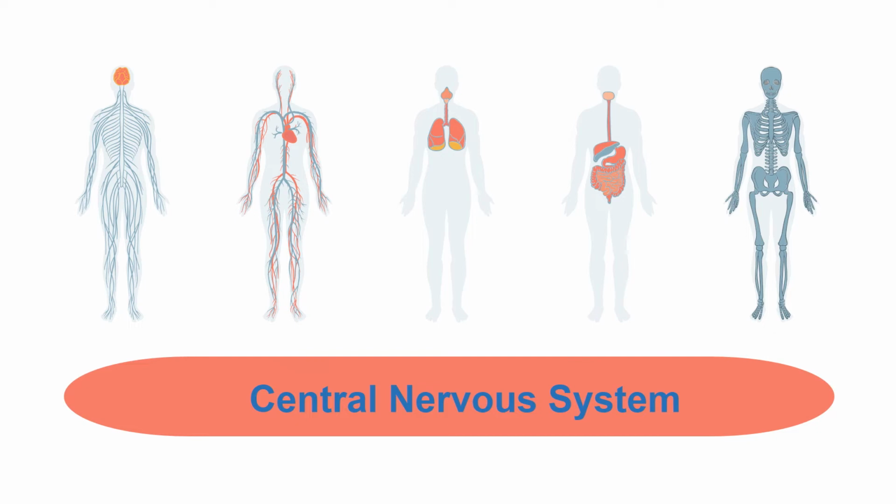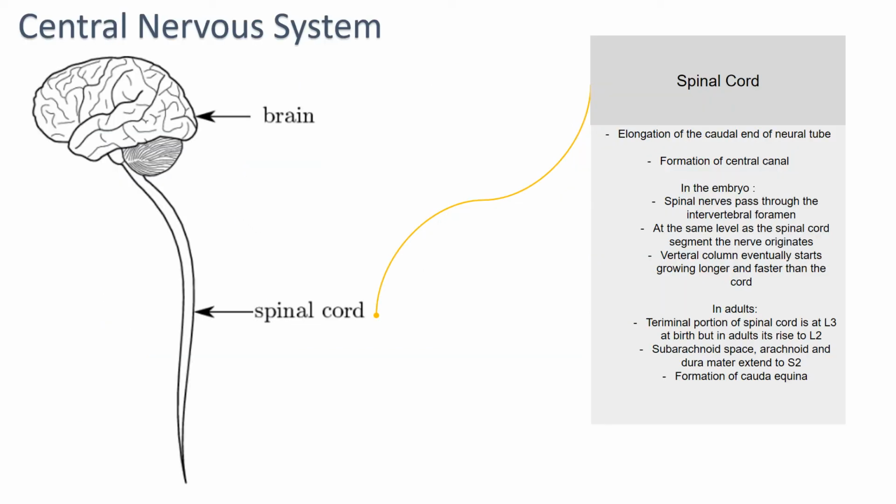And of course, like I mentioned earlier, the remainder of the neural tube will become the spinal cord. So, as we mentioned a little earlier, the central nervous system is going to be made up of the brain as well as the spinal cord. So, let's start by looking at the spinal cord.